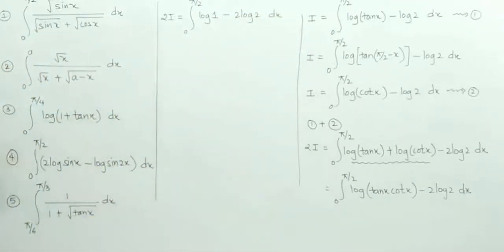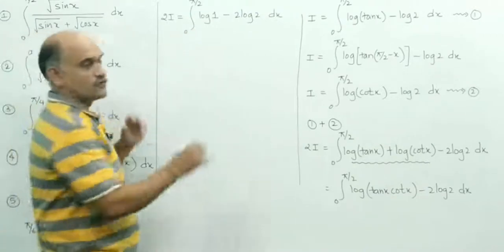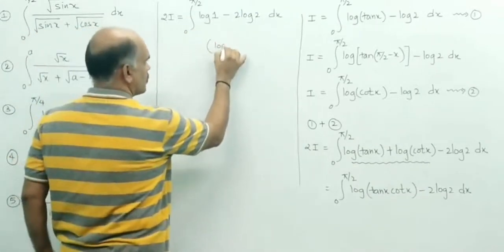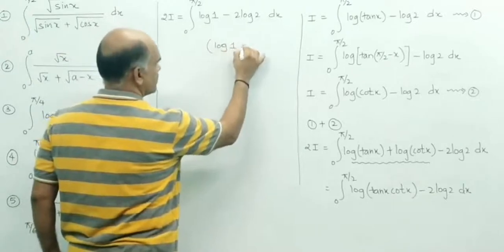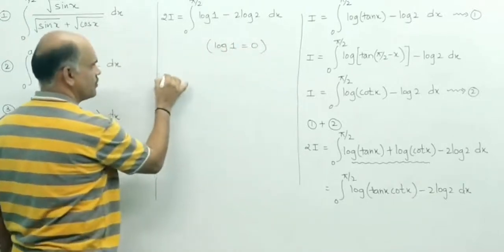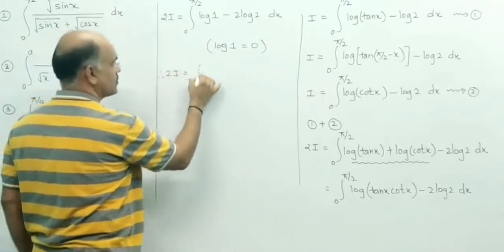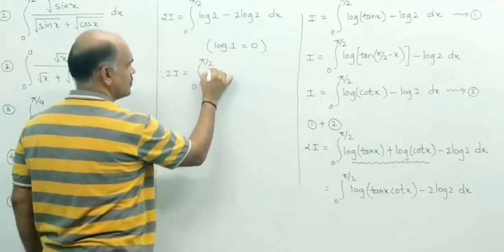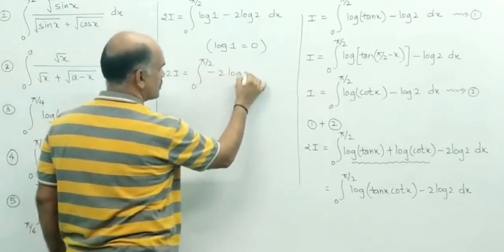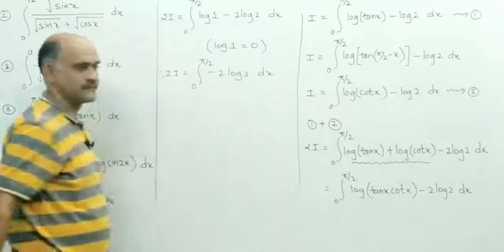Log 1 is equal to 0, therefore 2I is equal to 0 to pi by 2 of minus 2 log 2 dx.